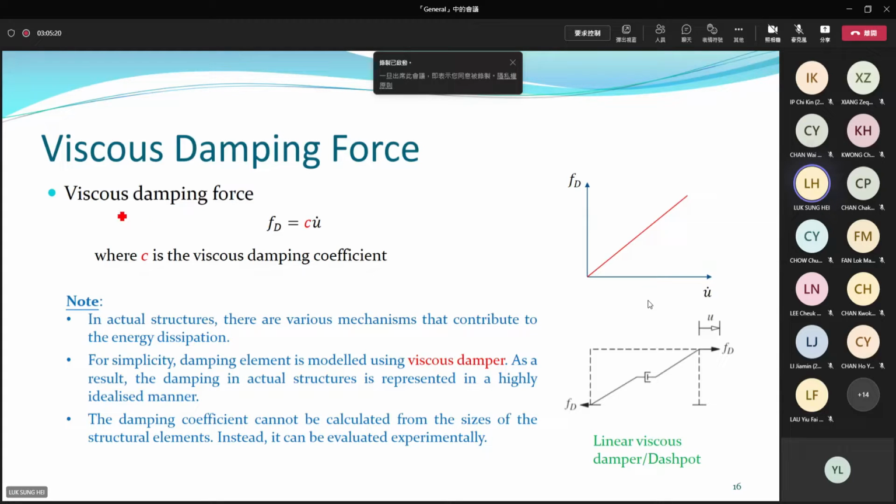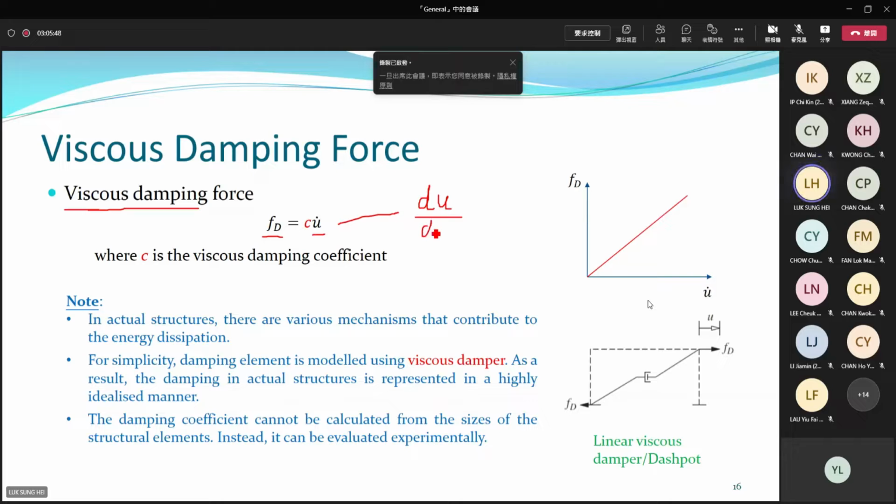We assume that damping can be modeled using the so-called viscous damper. This is a highly simplified assumption, okay? What is a viscous damper? A viscous damper provides damping force, Fd. Just like Hooke's law, Fd is linearly proportional to u dot. u dot means du/dt.